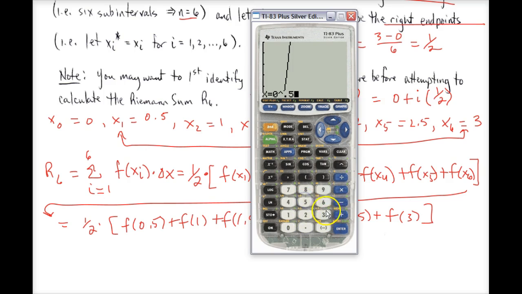So 0.5, we get a value of negative 1.375.